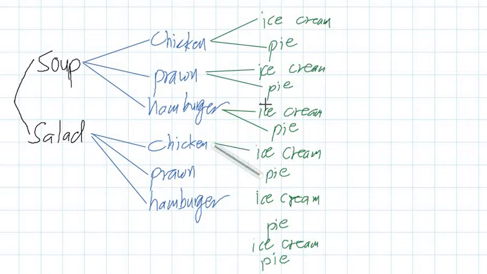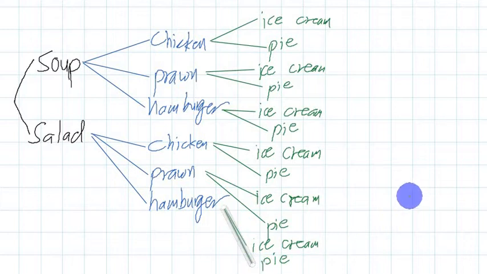If I had prawns, I still have the choice of ice cream or pie. And lastly, if I chose hamburger, I can still have ice cream and pie as my choice.